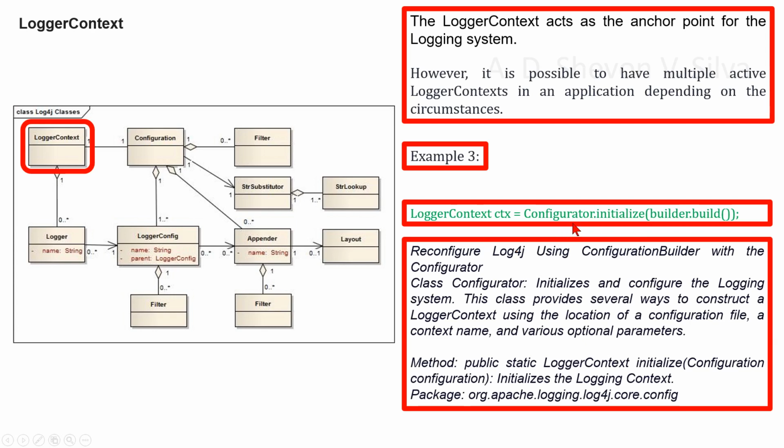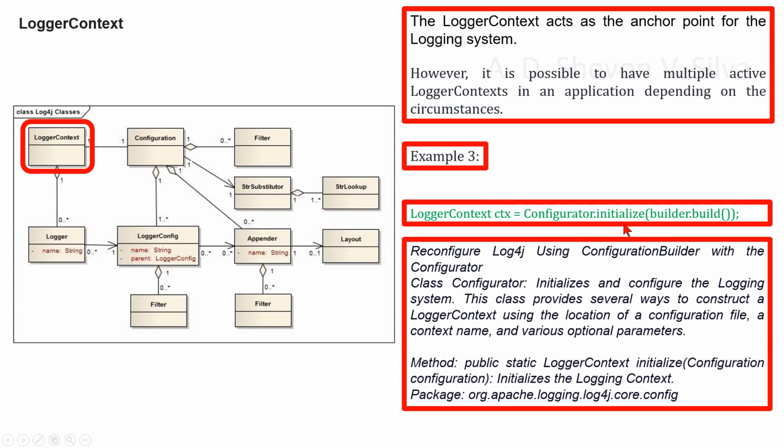Here you can see class Configurator initializes and configures the logging system. This class provides several ways to construct a LoggerContext using the location of the configuration file, a context name, and various optional parameters.